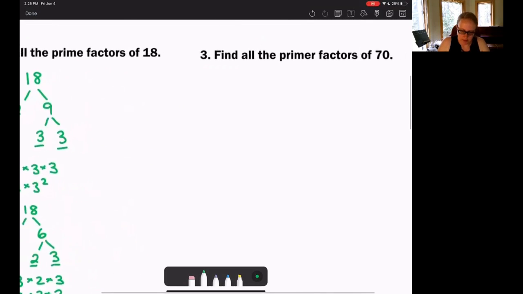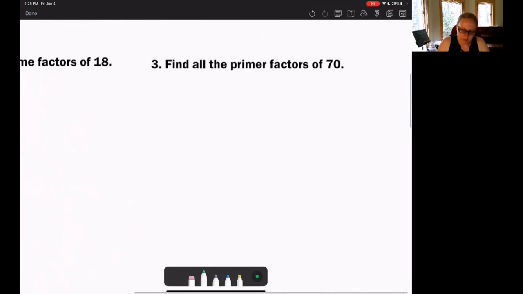Let's try one more. So here we're asked to find all of the prime factors of 70. So we're going to write our number at the top, 70, and we think of 2 numbers we can multiply together to get to 70. So I'm going to do 7 times 10. And that 10 we can break down further into 2 times 5.